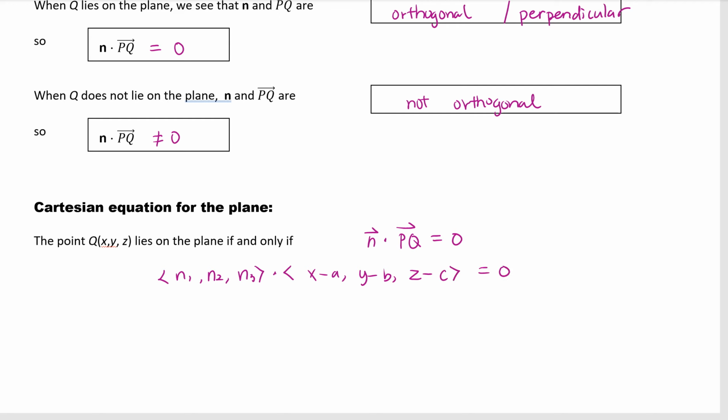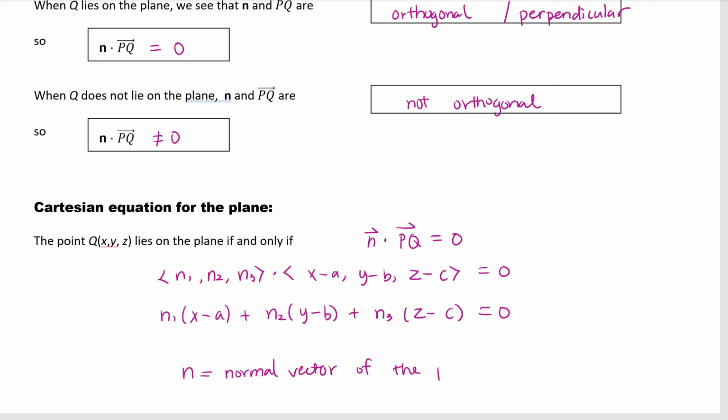So we get n1 times (x minus a) plus n2 times (y minus b) plus n3 times (z minus c) equals 0. We say n is the normal vector of the plane, because it is orthogonal, pointing out of the plane.